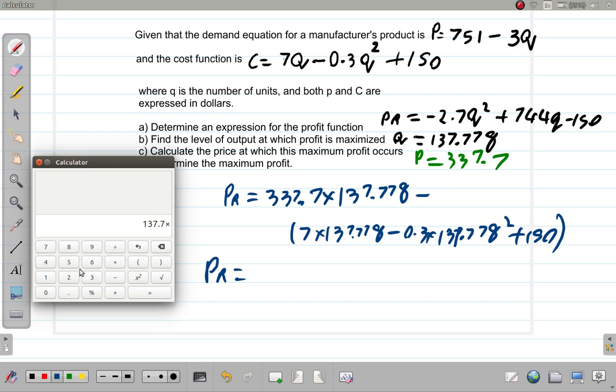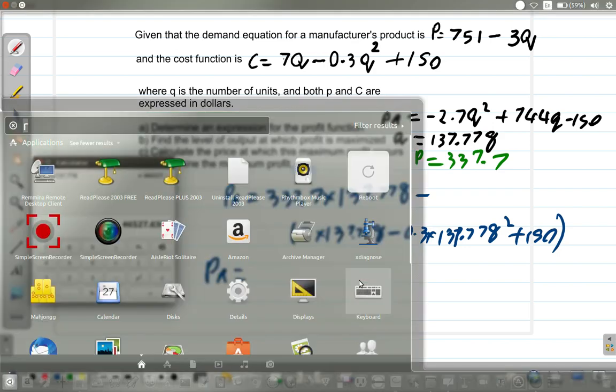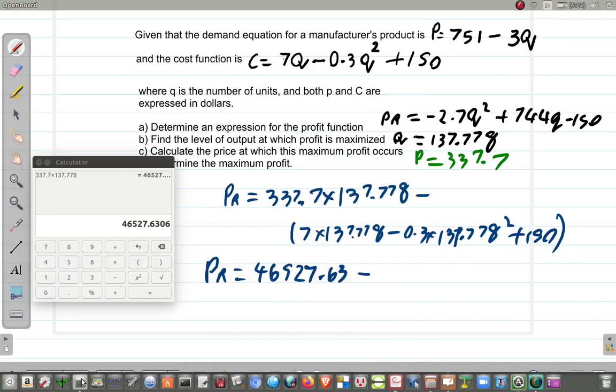So our maximum profit would be 337.7 times 137.778, which equals 46,527.63. Minus what now? Let's work that part out.